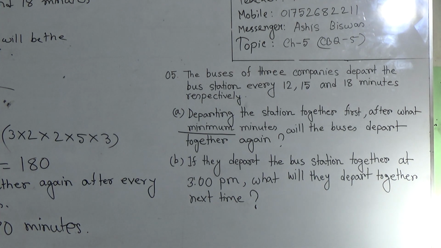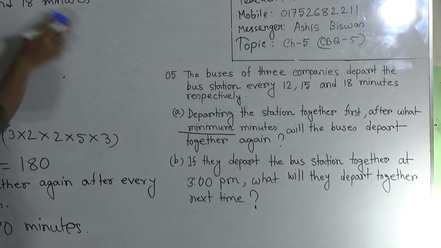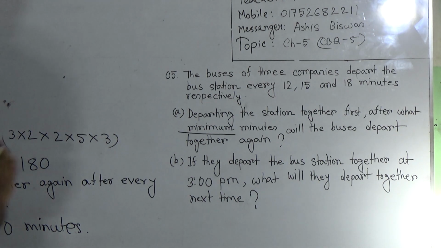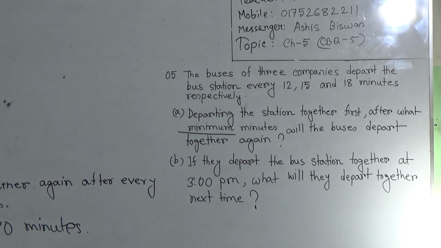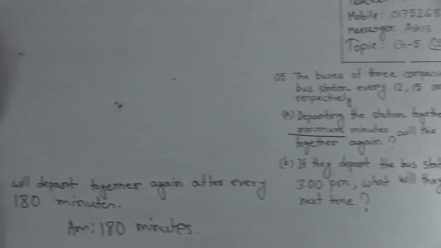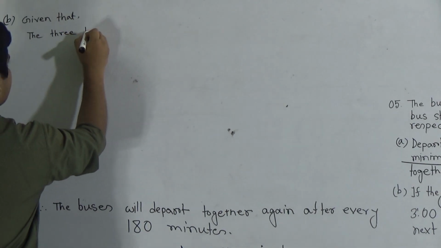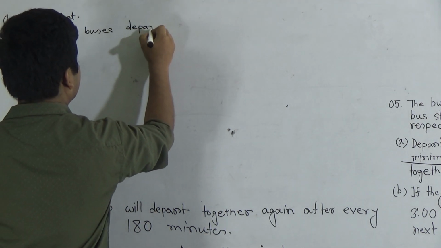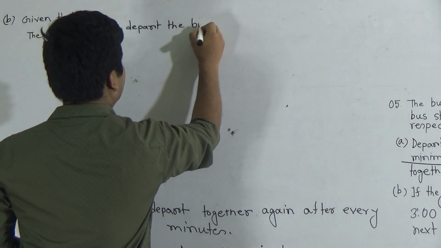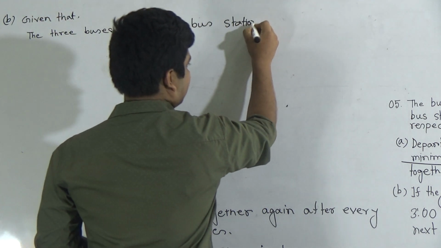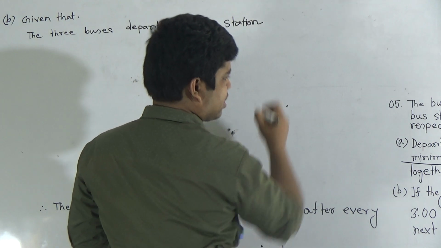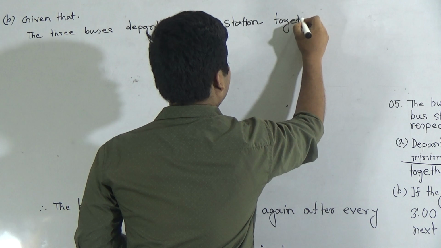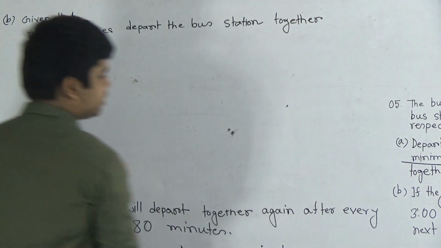Number B, given that the 3 buses depart the bus station together at 3 p.m.